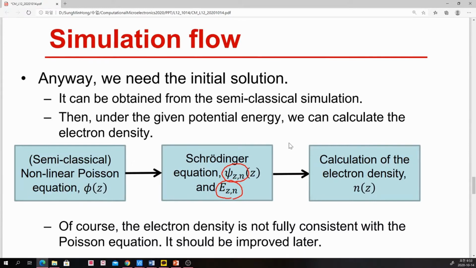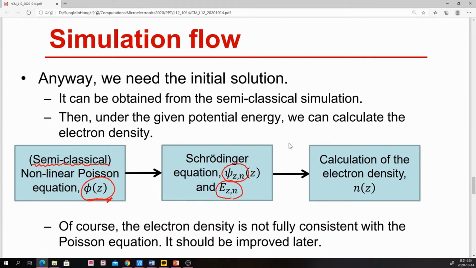Although this is not a perfect one, we will use just the semi-classical nonlinear Poisson equation we have studied up to now. Although it does not have any quantum mechanical information inside it, for certain special cases it will be a good starting point. So just believe it.